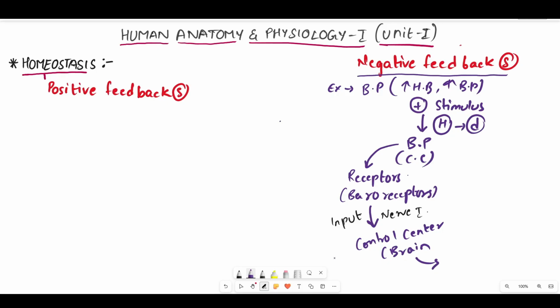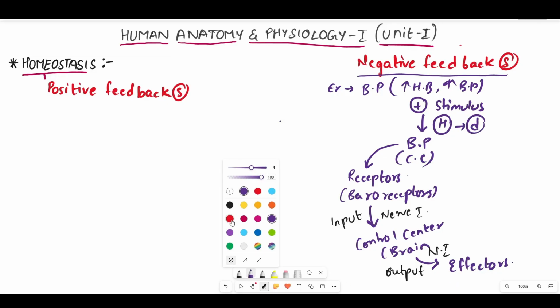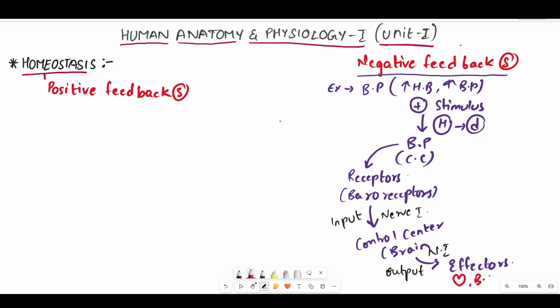From there, the output will be generated. That output, through the nerve impulse, will be reaching the effectors. In case of BP, the effectors will be the heart, or it can be the blood vessels.